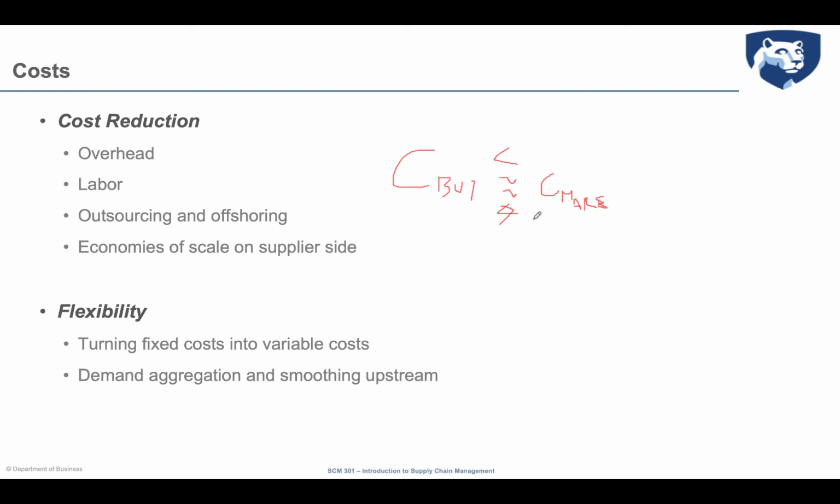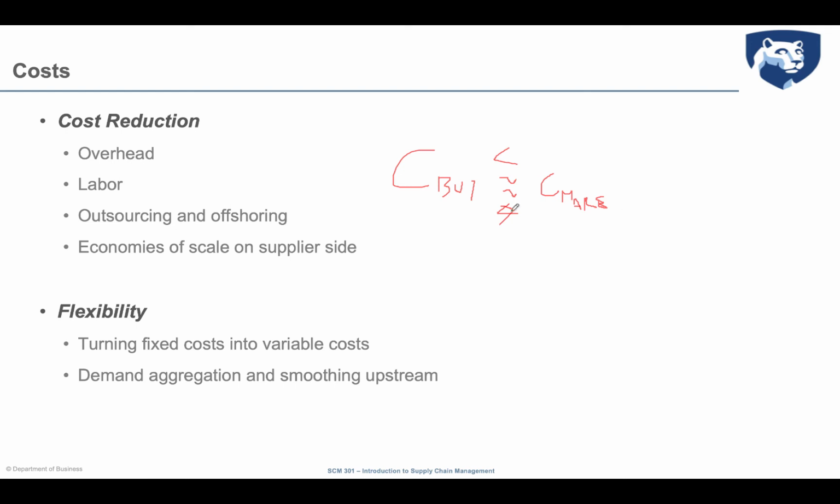In case the cost of buy is similar to the cost of make, usually buying is more convenient because it saves you some investment to realize the production internally. Instead, when the cost of make is much lower than the cost of buy, you go for the make option.